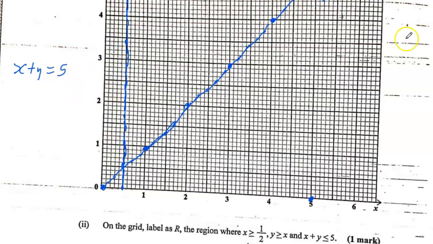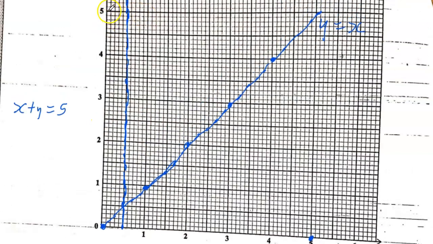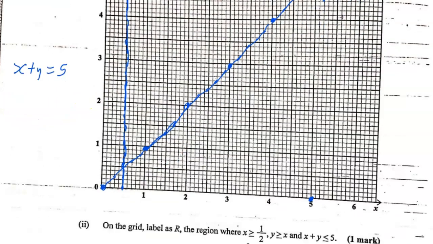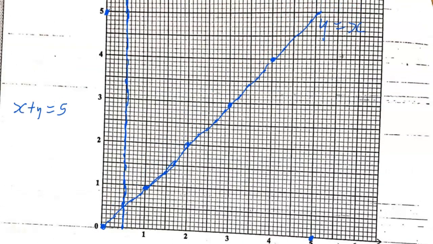And it cuts the y-axis also at 5. How do I know? Notice it cuts the y-axis when x is equal to 0. When x is equal to 0, y is equal to 5. So we can use our ruler and pencil to join where it cuts the x-axis and the y-axis. Let me try my very best here.